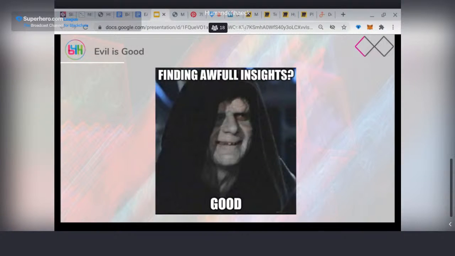Don't be worried if the insights that you're gathering in this process are awful, especially when you're designing for a product that is already there.